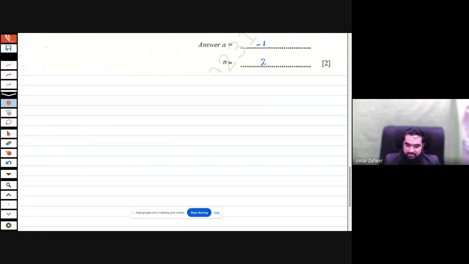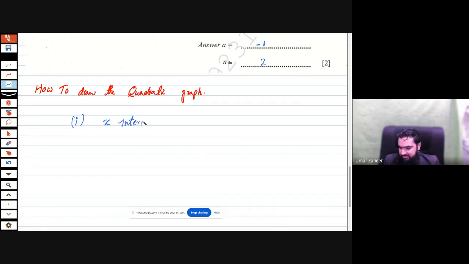Now the next thing is draw the quadratic graph. For a quadratic graph, the first thing that you have to show on the graph is the x-intercept. X-intercept means where the graph cuts the x-axis.